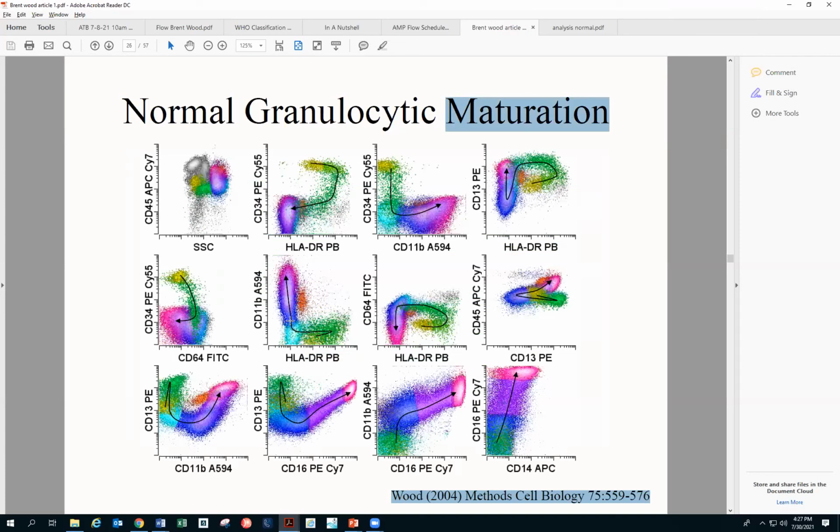Okay. So this I'm going to show you, but Rajeshwari is also going to show you. This is from Brentwood, and you know that Brentwood is the guru of flow cytometry. He started from Seattle, and he uses Woodlist.